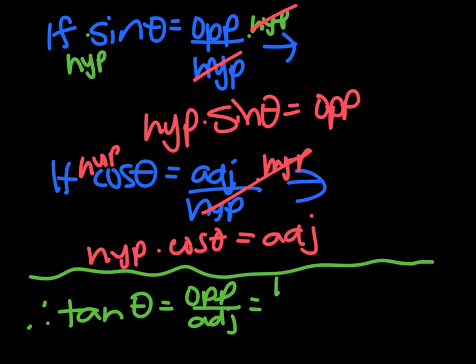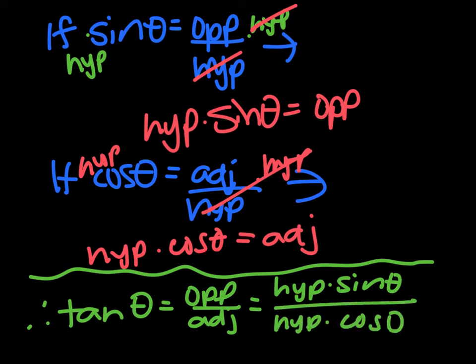My opposite is equal to my hypotenuse times my sine, and my adjacent is my hypotenuse times my cosine. If you notice, we have a hypotenuse in the numerator and the denominator. They will cancel. So we get that tangent of theta equals my sine over my cosine. We're going to do that on the next screen because I'm going to run out of space on here.